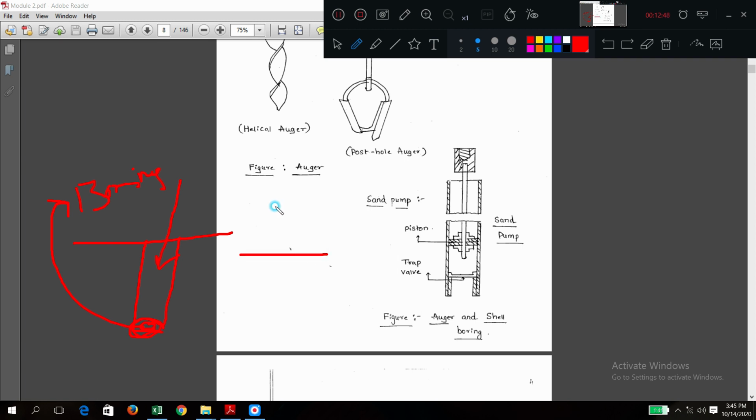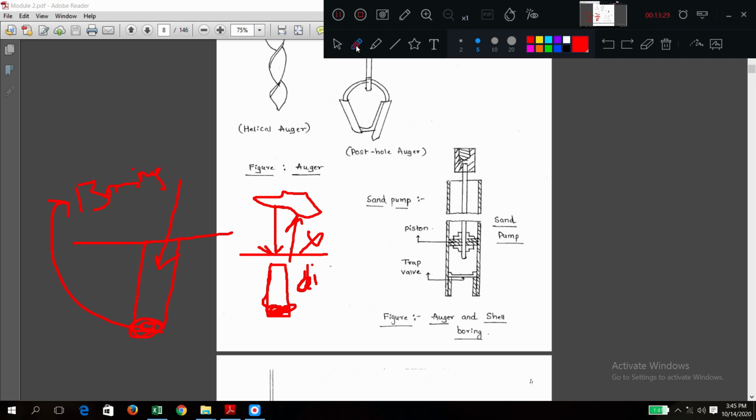Some instrument is penetrated through the earth, collects the sample, and is taken back. From the ground surface, the soil is taken for sample study, and properties are tested in the laboratory. But the soil you have taken is not in its natural condition. You will get the samples in disturbed condition.